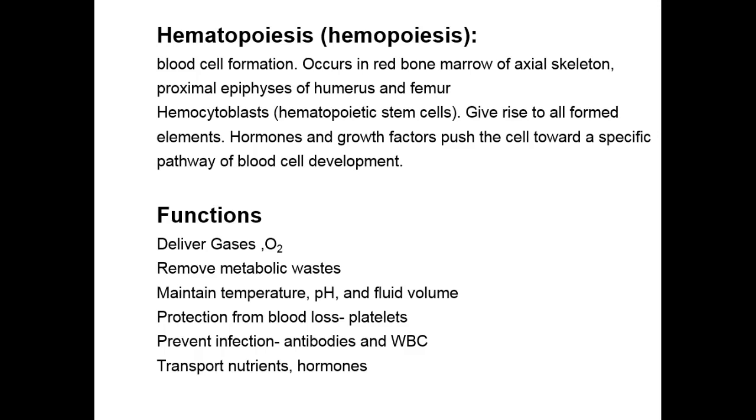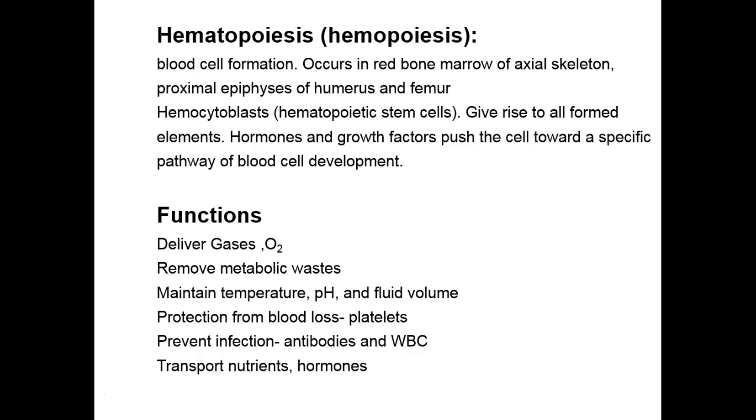The process of making formed elements, hematopoiesis, comes from a stem cell, a hematopoietic stem cell. And that gives rise to all the formed elements, whether it's a red blood cell or a white blood cell. That is a process that's highly controlled, as most step-by-step processes in the body are.